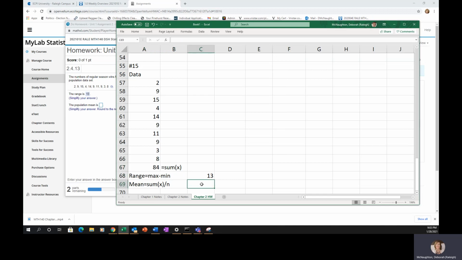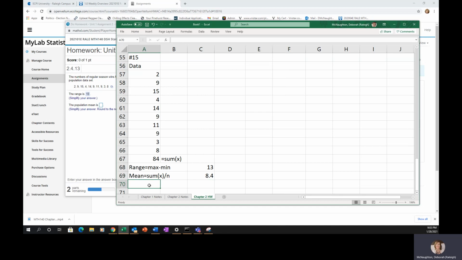So the mean is going to be 84 divided by the number of data points, which was 1, 2, 3, 4, 5, 6, 7, 8, 9, 10. Oh, they told us that. 10 football games. Okay, so the mean is 8.4.